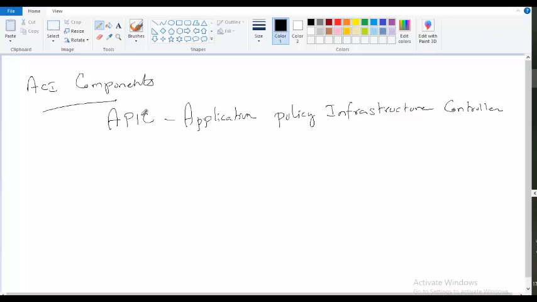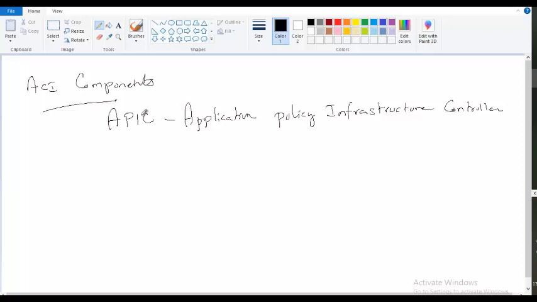My hands are moving, my legs are moving, my entire body is pushing in the opposite direction away from the fire. My entire body is being given command to escape from the fire. Likewise, APIC is the one which is going to push all configurations that are necessary for all the devices to do the task that the administrator needs.